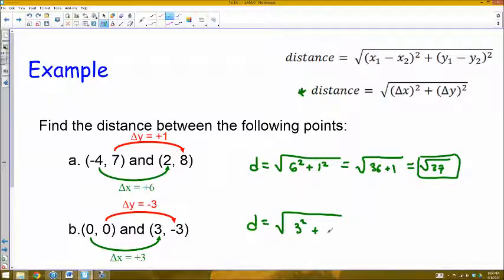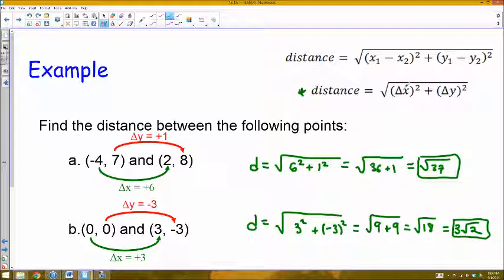So I'll write that as -3 squared, which will be the square root of 3 squared is 9, plus -3 squared is also positive 9, because a negative times a negative is positive. So this gives me the square root of 18, which simplifies to 3 radical 2.